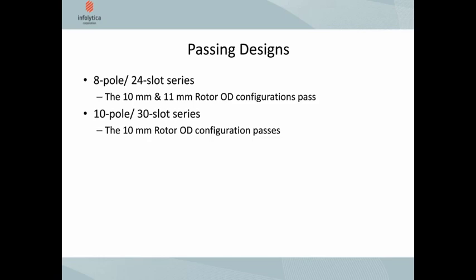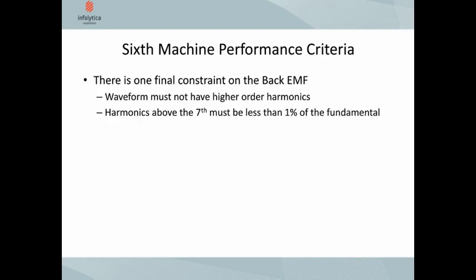To help us further scrutinize the designs, we're adding an additional criterion, and that is that the waveform for the back EMF cannot have significant higher order harmonics. By definition, I've declared that the harmonics above the 7th must have amplitudes less than 1% of the fundamental.